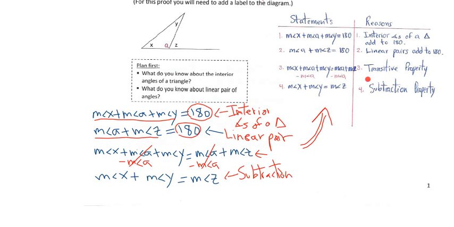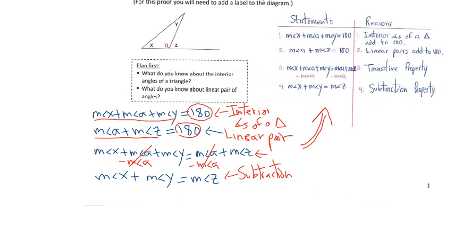And then I'm showing you one more time the subtraction, which you really don't need to show. And the result of the subtraction is measure of angle X plus measure of angle Y is equal to measure of angle Z using the subtraction property.